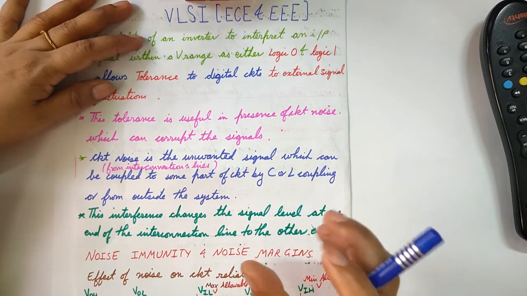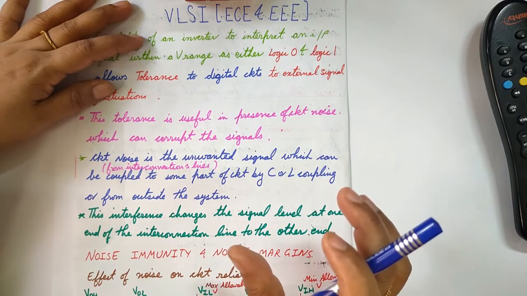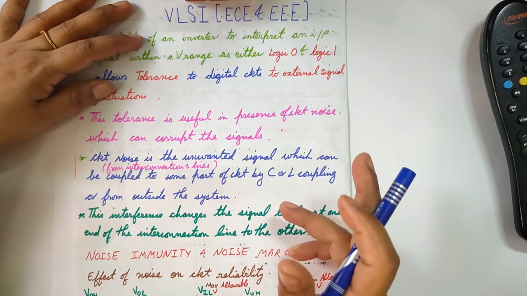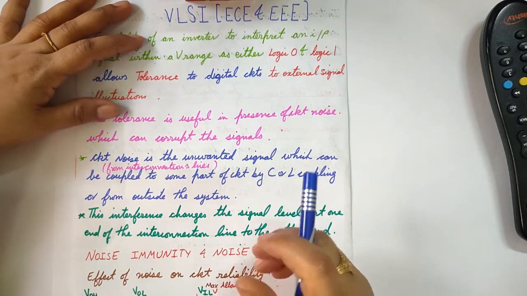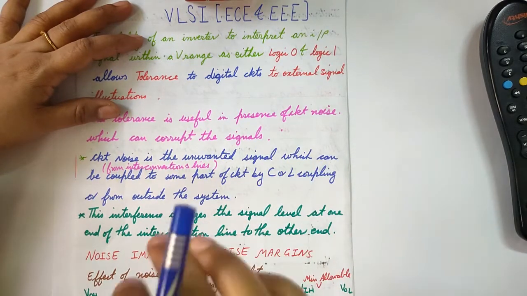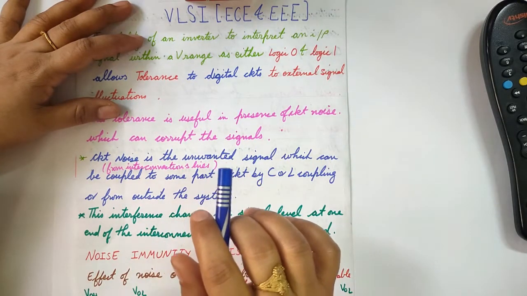So if you're talking about one particular line, it can couple or catch the signal which is moving on its neighboring line, and this signal which it catches acts as noise for that particular line because it is not needed.